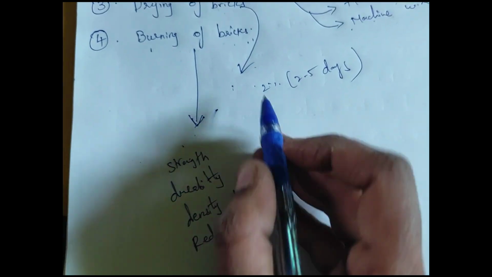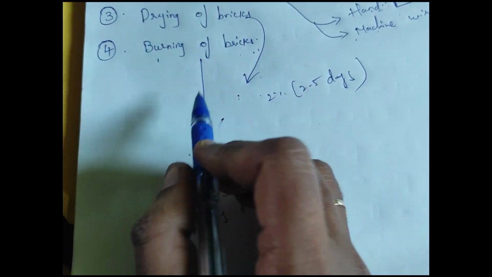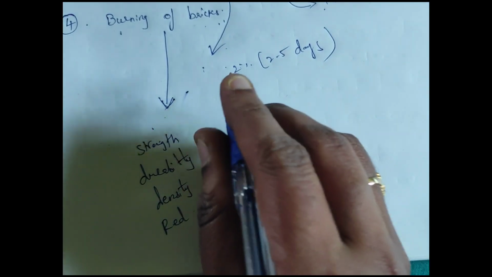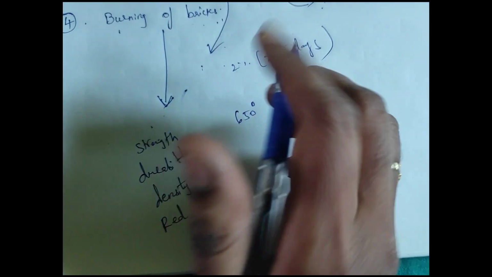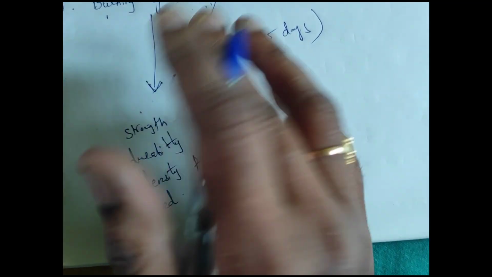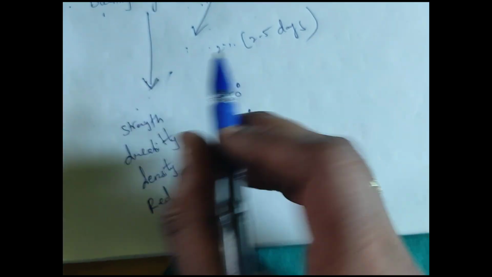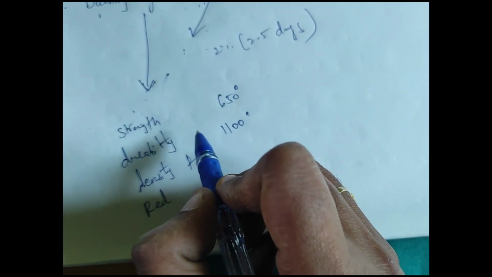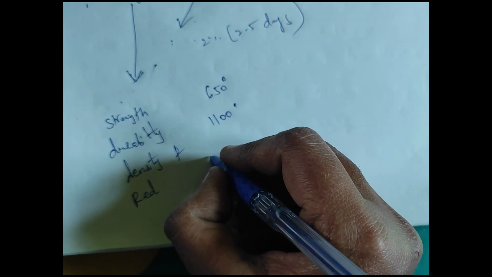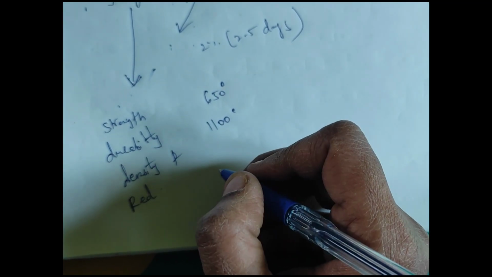All the water is removed at a temperature of 650 degrees, but they are burnt at about 1100 degrees, because the fusing of sand and lime takes place at that temperature, and chemical bonding takes place between these materials after cooling, resulting in a hard and dense mass.